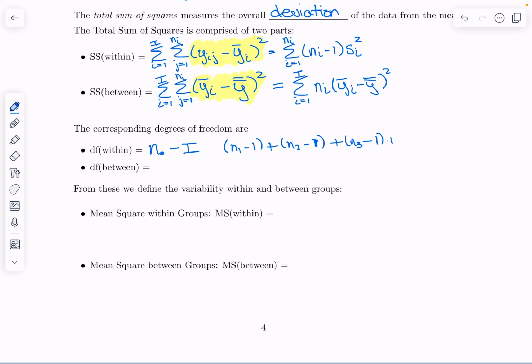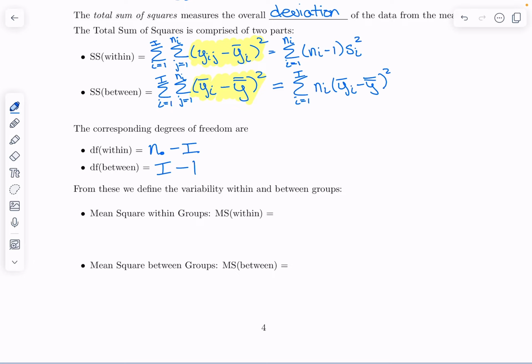You're adding the degrees of freedom for all the groups. And then what is the degrees of freedom between? Well, I have I groups that I'm comparing, so the degrees of freedom between the groups is going to be capital I minus 1.